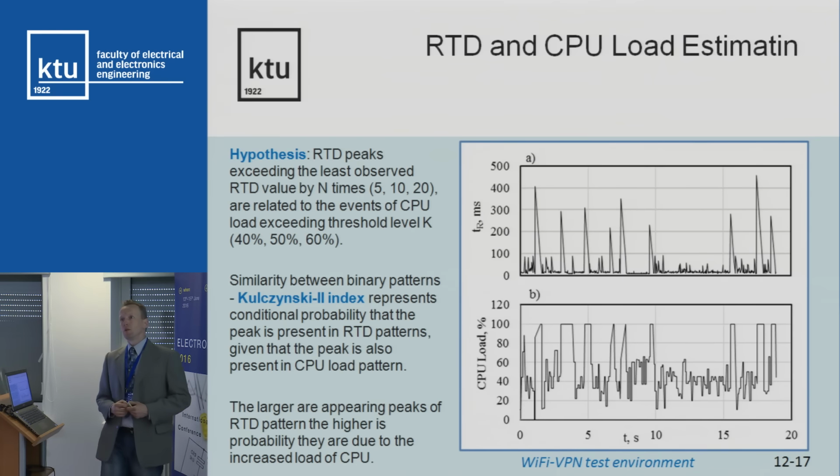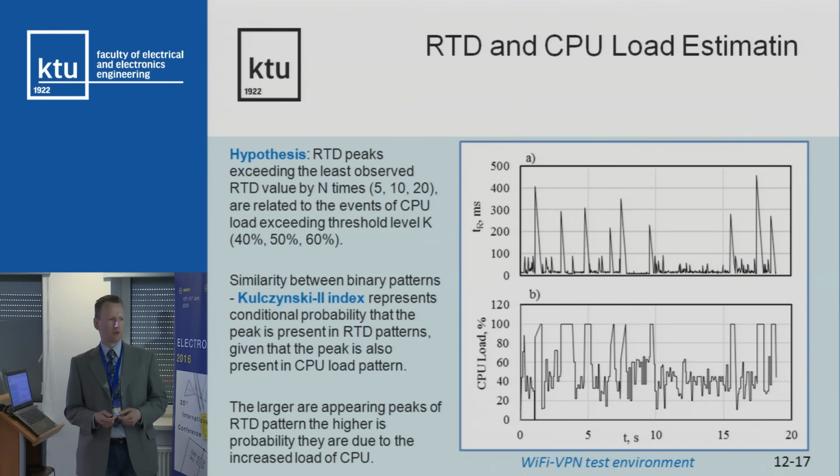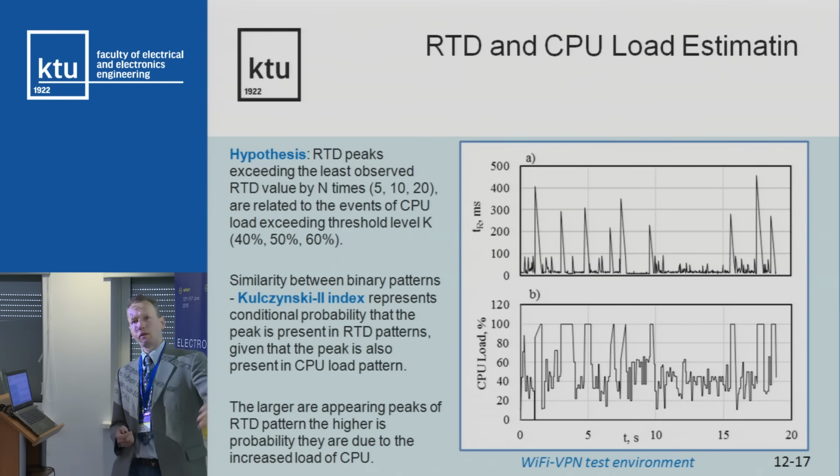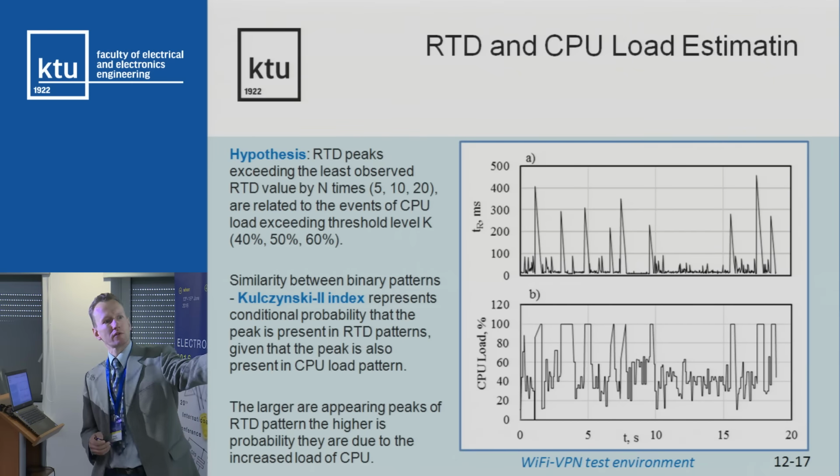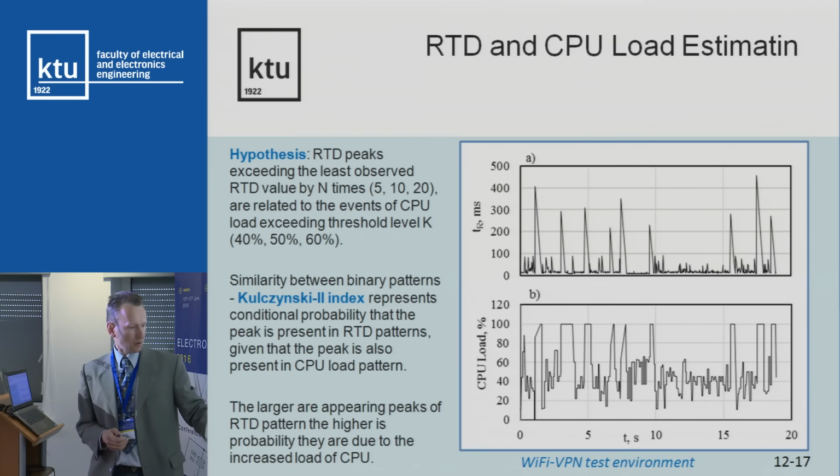At the beginning, when we saw these charts, visually they looked like they were correlating. When we have a CPU load up to 100%, we observed an increase of round-trip delays. These are all 1000 samples, and this is real time.